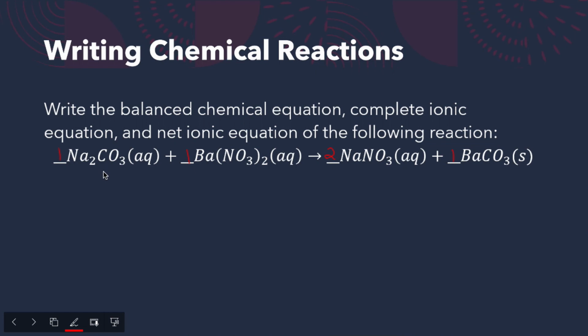So for sodium carbonate, carbonate is our anion, and we can essentially break it into 2 like this, and we count how much of each cation or anion we have. So for this one, we have 2 sodium cations. So we're going to write this as 2 Na, and the oxidation number or charge of sodium is 1+, so we're going to put a plus over here.